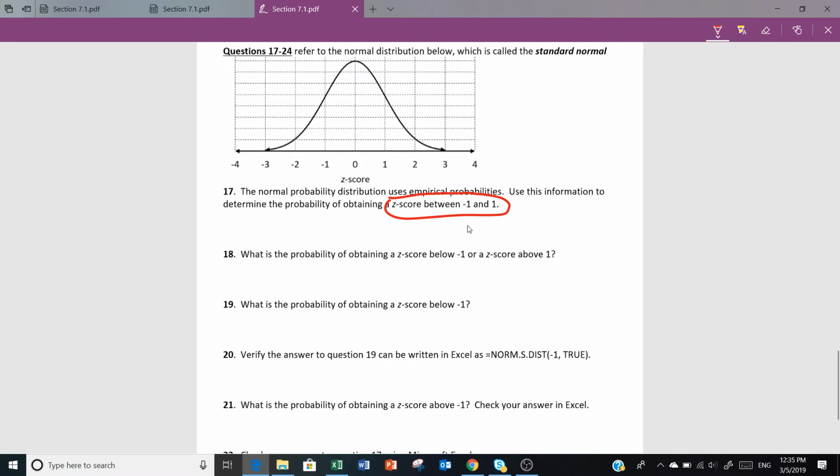Above. I'm checking. I don't know the one for the next one.